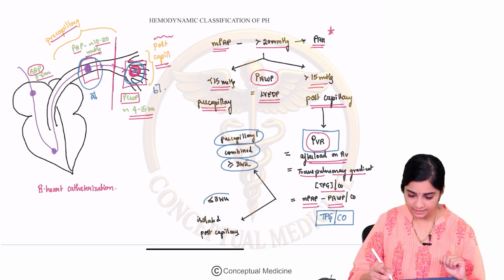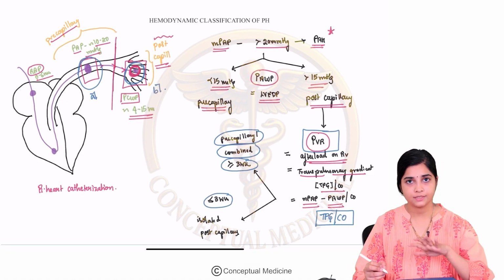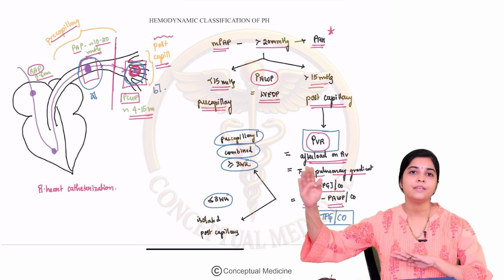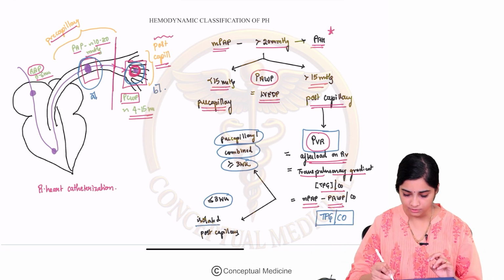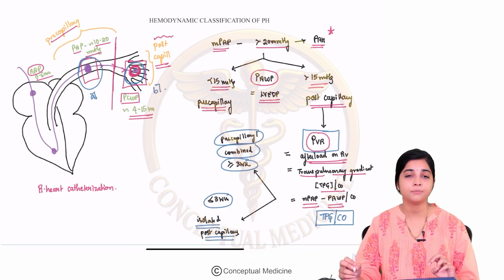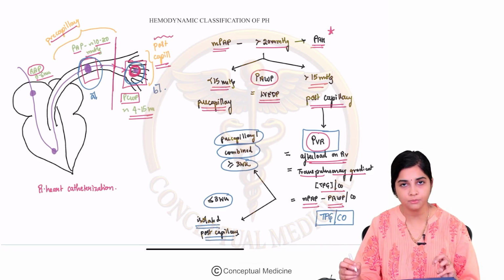If it is less than 3 Wood units, if the resistance is low, then it is an isolated post-capillary pulmonary hypertension only.